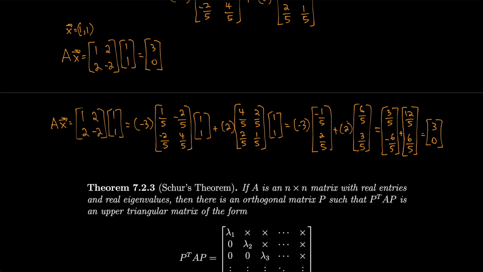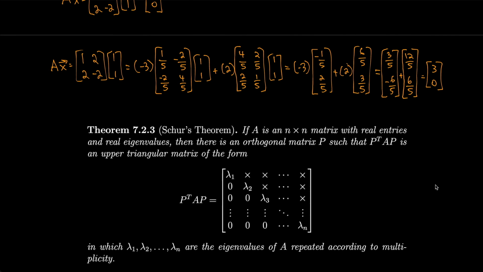So it's saying that multiplying by A is the same thing as projecting down to the eigenspaces, and then scaling by the eigenvalues, which is useful in certain contexts.